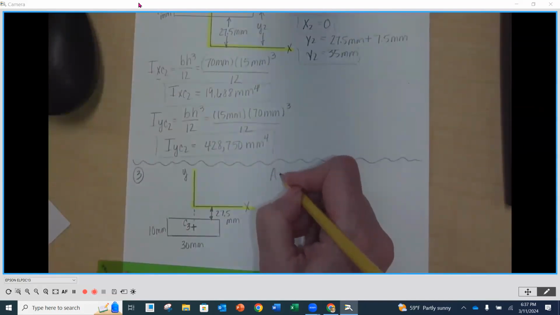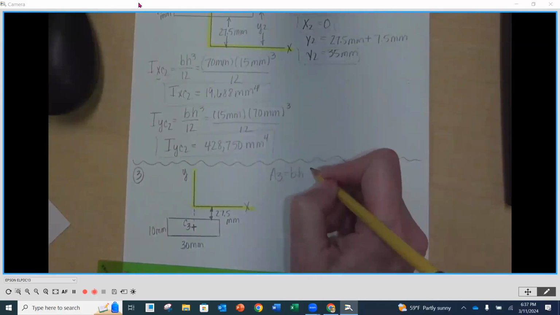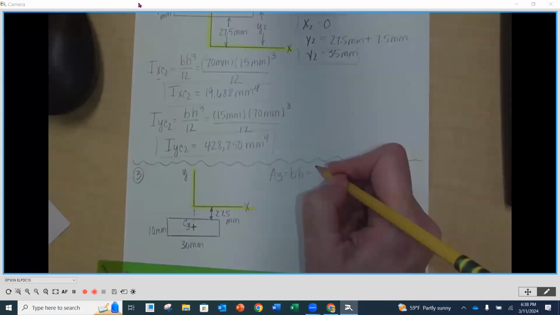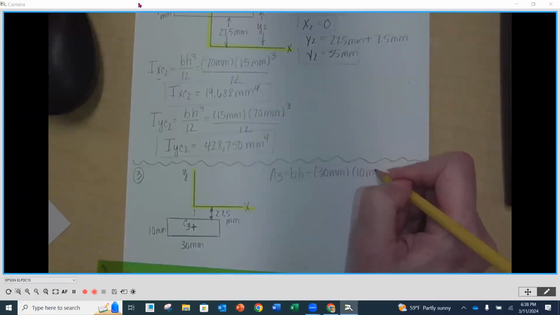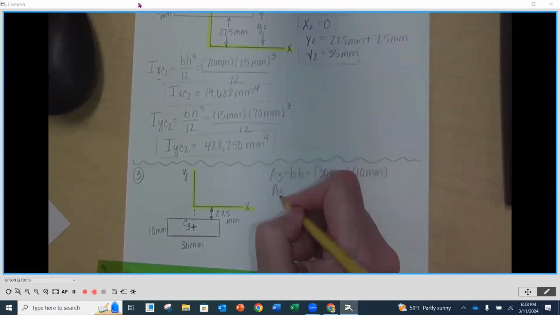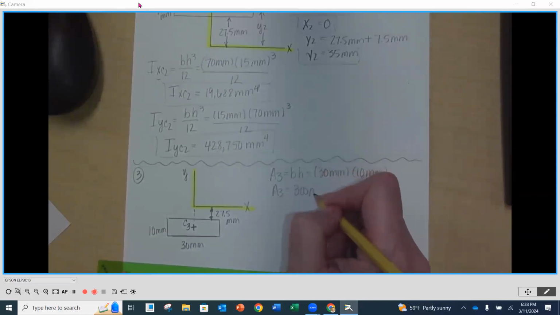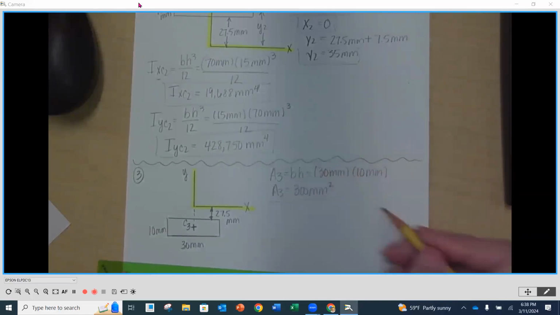So our A3 is going to be the base times the height, which is going to be 30 millimeters times 10 millimeters. A3 will be 300 millimeters squared.